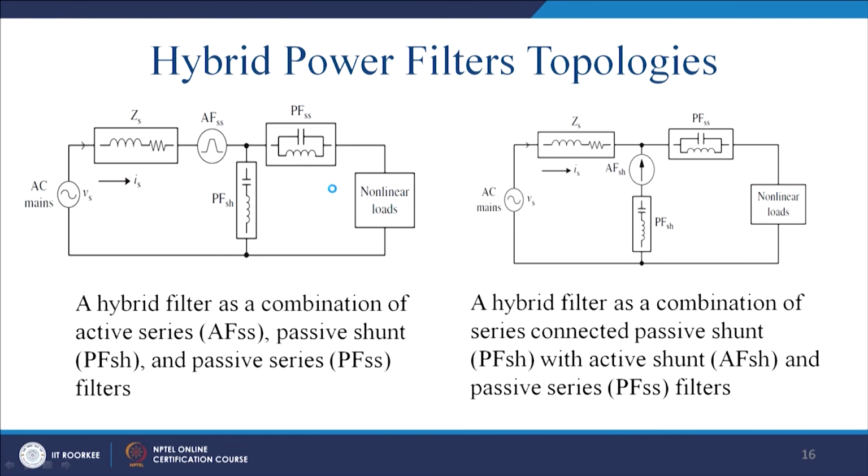And thus, this is also a possible feature: that is your ZS, thereafter just first it will have the active series that will mitigate all of it. It is better because the source of the voltage harmonic is the source inductance due to the nonlinear load, and thus you mitigate all the harmonics which are coming due to the source inductance.